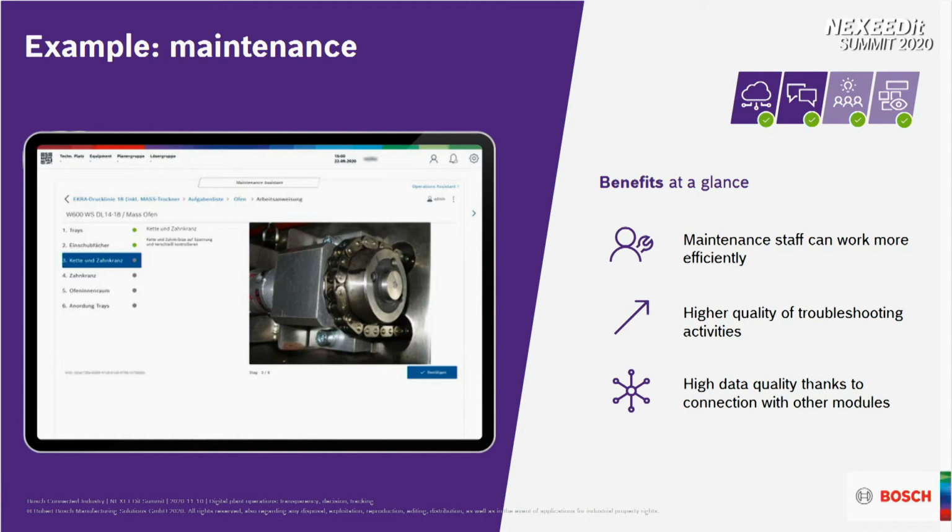So if the shop floor employee is reacting to a downtime and hurries to the station, the system already needs to have called up all the information he requires for this specific downtime and this specific error code that happened at the station. So you see, it's very important that the modules are talking to each other and that they can send data into the other modules.